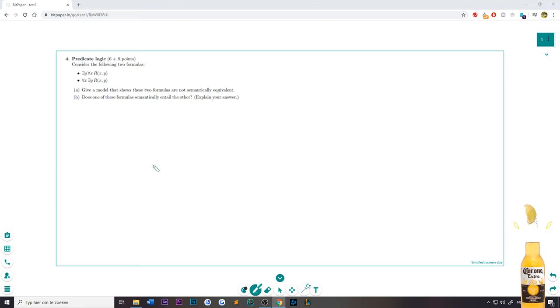And the first thing we need to do is give a model that shows that they are not semantically equivalent, right? Usually when you have to give a model, it's best to have as few elements as possible, and 2 elements usually works. So we'll use elements A and B, and now we're going to try to find a model that shows that they are not semantically equivalent.